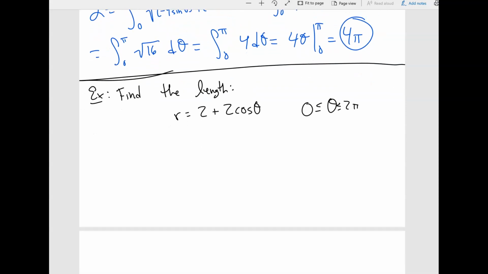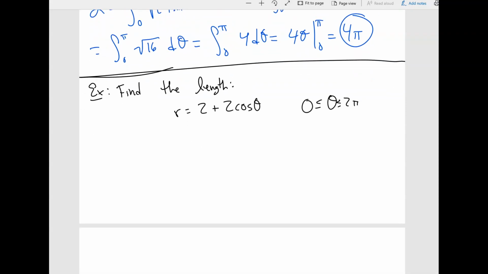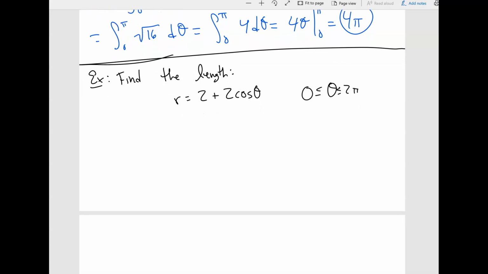Okay, so this one's going to be a little bit more involved, and you have to tap into the identities. So we're going to start off with dr over d theta, because we're going to take the derivative. That's going to go to 0, so we get -2 sine of theta.